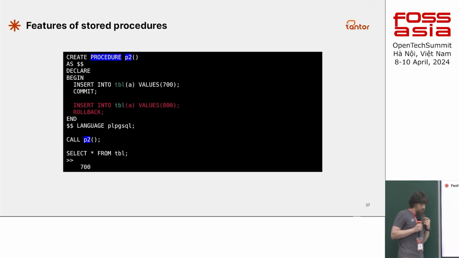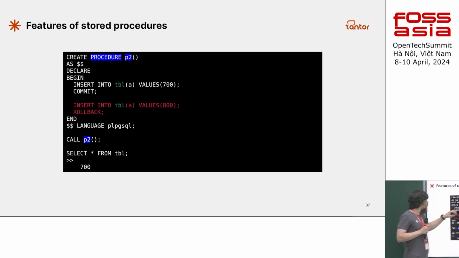At the current time, it's possible to use transaction management commands in procedures, but they have some not very beautiful behavior, we may say. So let's analyze the procedure P2.